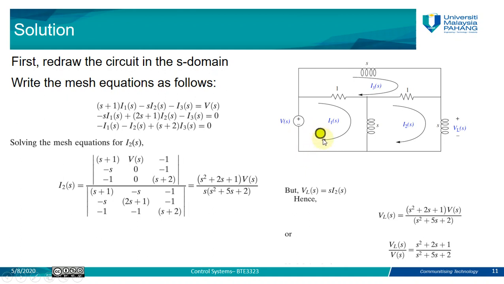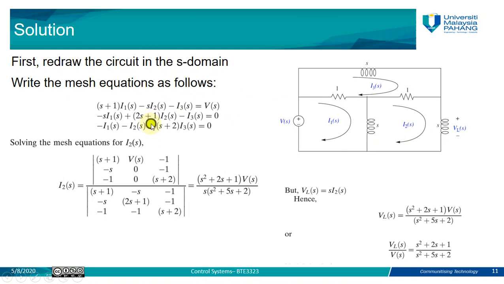In order to solve them to find the transfer function, the second equation will be written from loop number 2. In loop 2, the summation of impedances of this loop is multiplied by I2 and it becomes positive. Here we have three elements: 1 plus s plus s, that means 1 plus 2s.